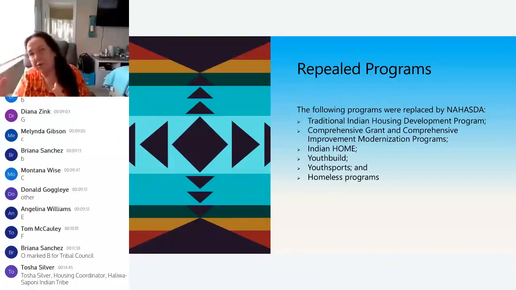So under NAHASDA, they repealed several programs. They repealed them because they said if you want to offer them, you can. We're not going to give you a separate amount of funding for it. You can take that out of that block grant funding. Some of the problems with that is, we've had an influx of money in the last couple of years, a good one.